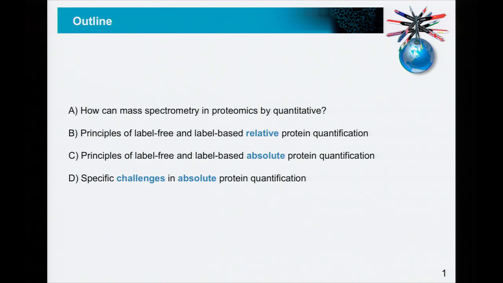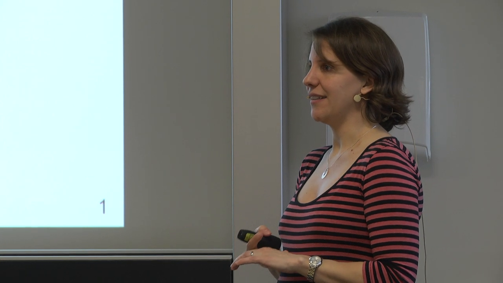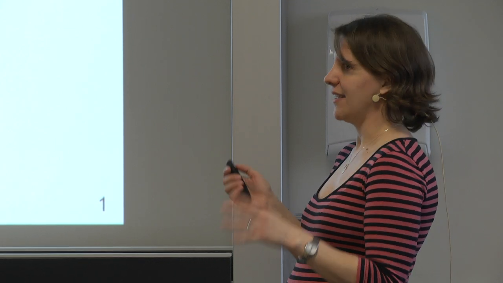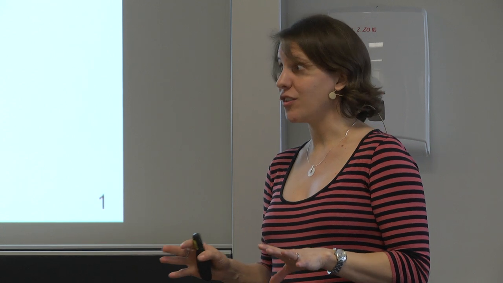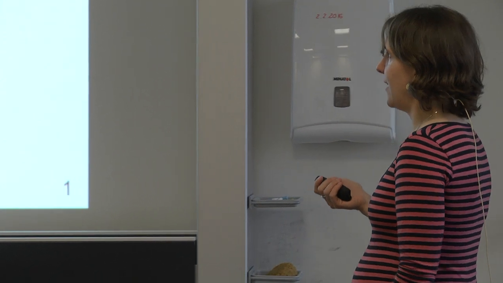In the second part, we will look at the principles of relative quantification, followed by absolute quantification. And in the last part, I would like to look at some specific challenges that you face if you want to do absolute protein quantification, and give you some tips and tricks on what is important to consider and think about in advance. And again, just as yesterday, whenever there are questions arising from your side, ask them at any time.